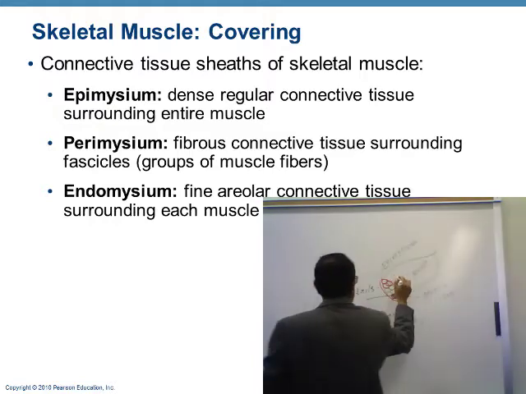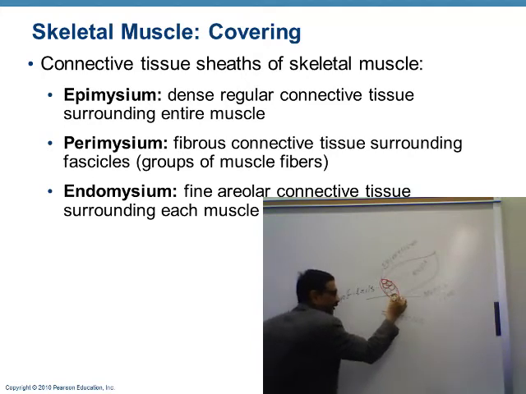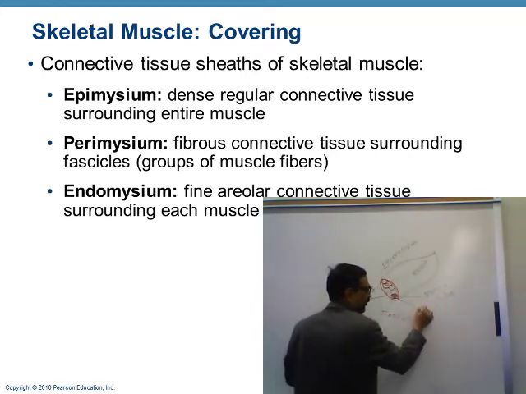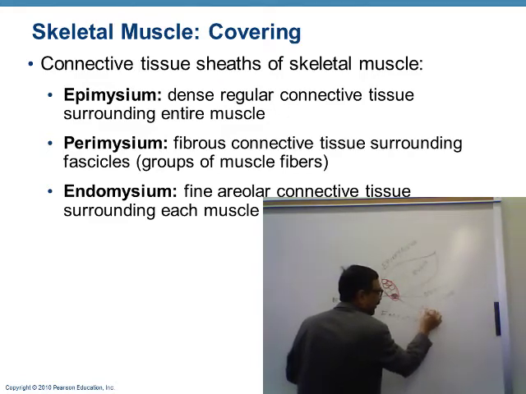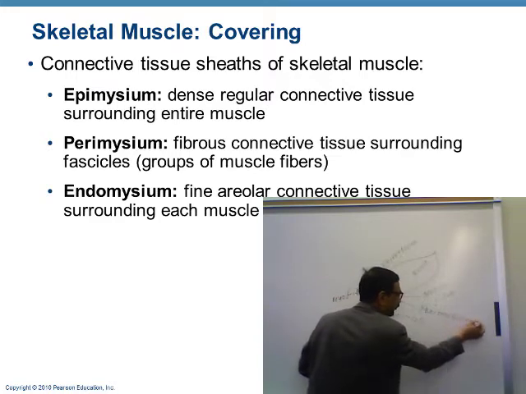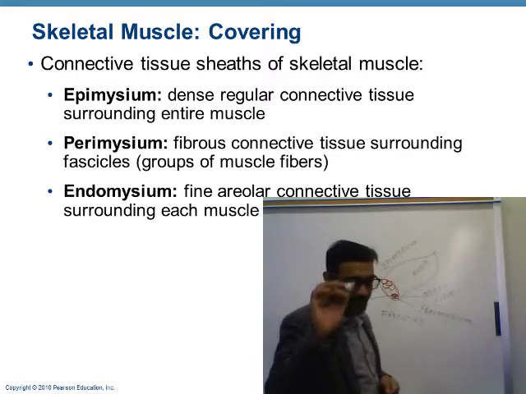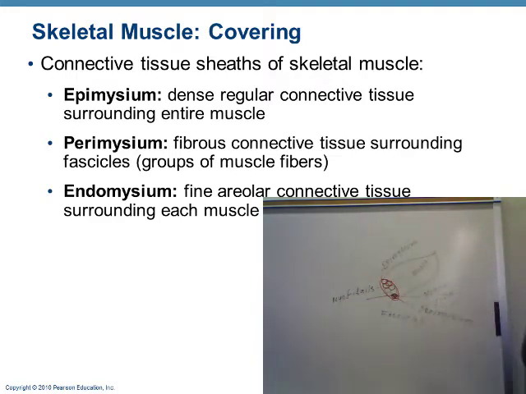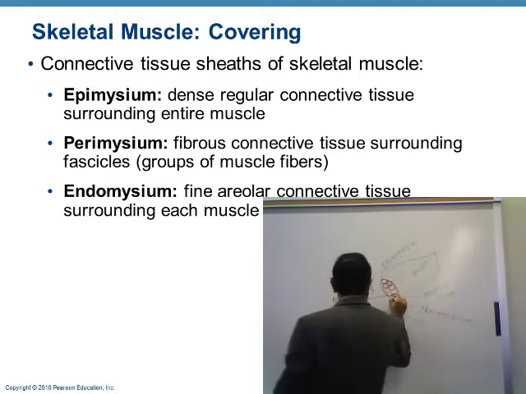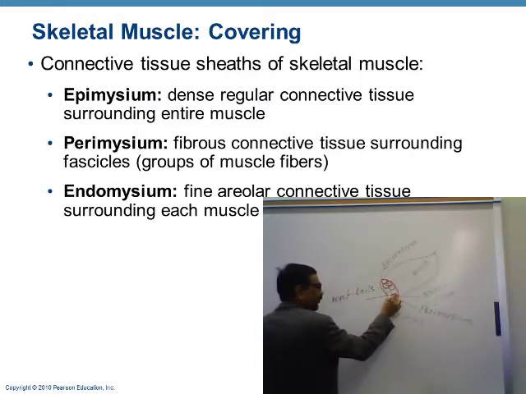Then the covering of the fascicle is called perimysium. So perimysium is the covering of the fascicle. Okay, and then the covering of the muscle fiber is called endomysium.